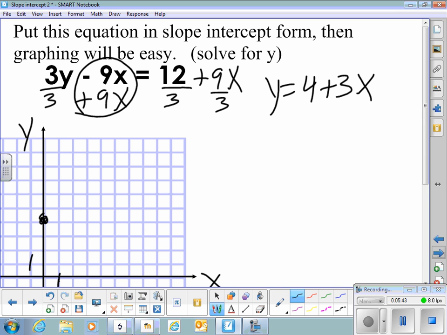From there I go at a slope of 3. Up 3 over 1. Up 3 over 1. Connect those with the straight line tool.